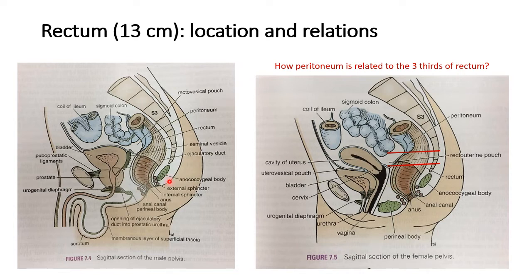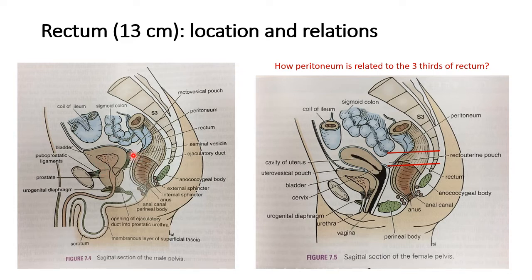What about the relations? These are the relations of the rectum in the male, and these are the relations of the rectum in the female. Let's start with the male. What is anterior to the rectum? Sigmoid colon, in male and in female.